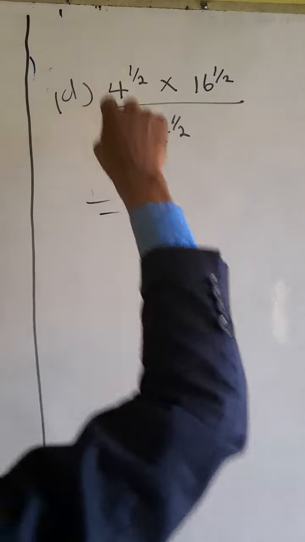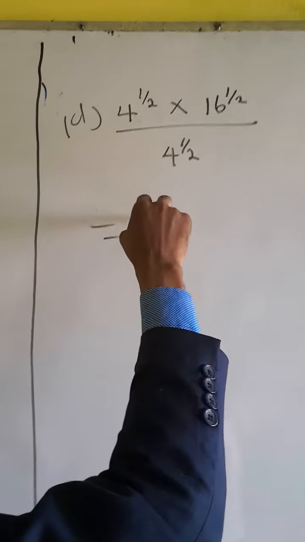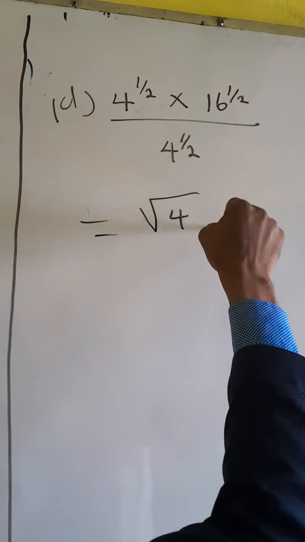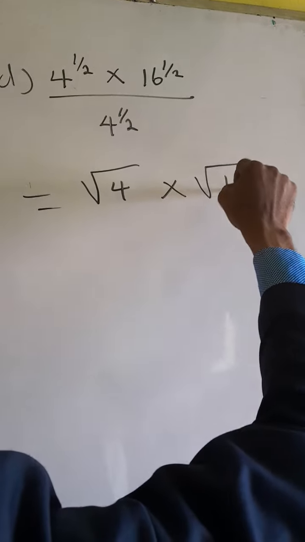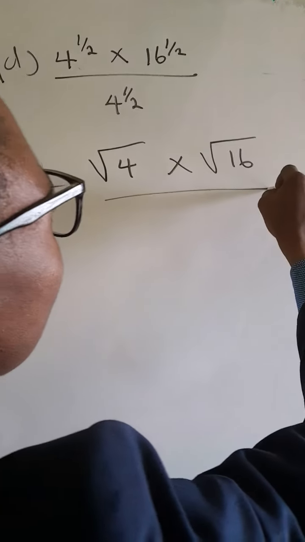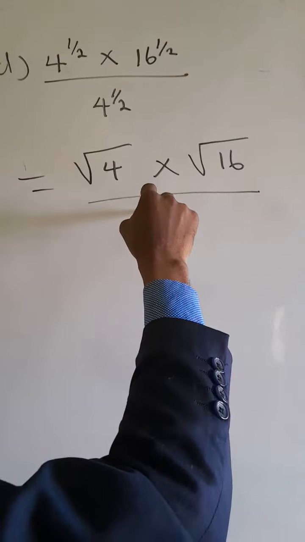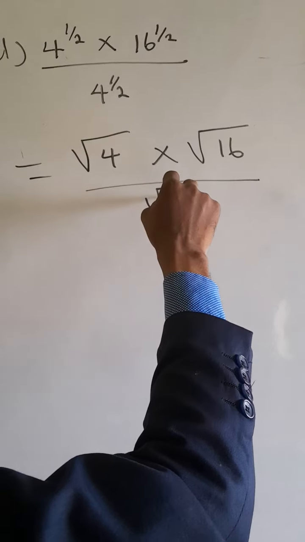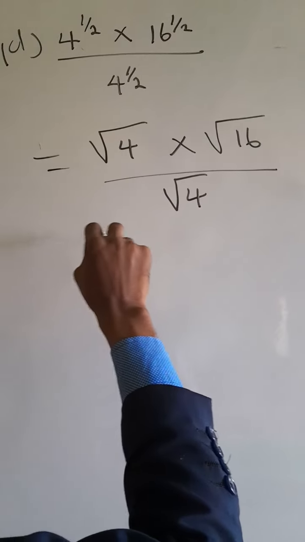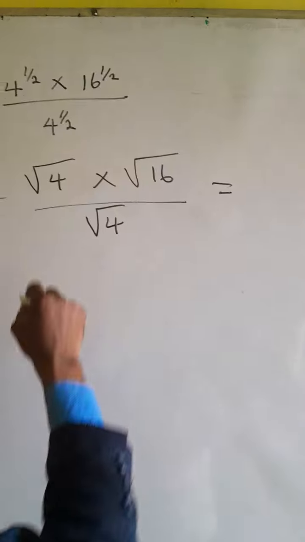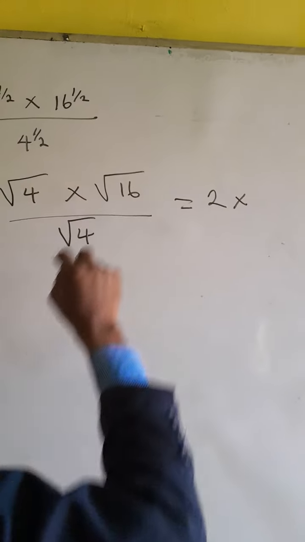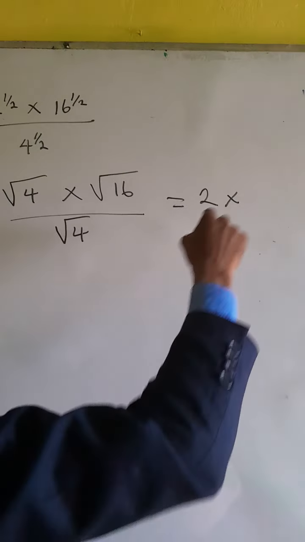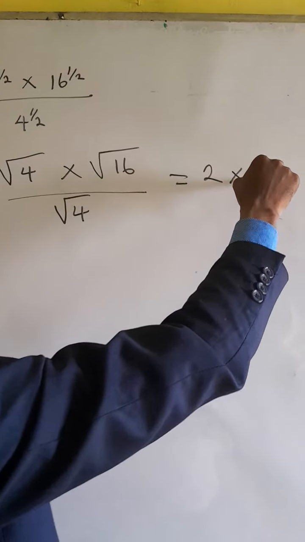Here we can write it as the square root of 4 times the square root of 16 divided by the square root of 4. Now, the square root of 4 will give us 2 times the square root of 16 will give us 4.